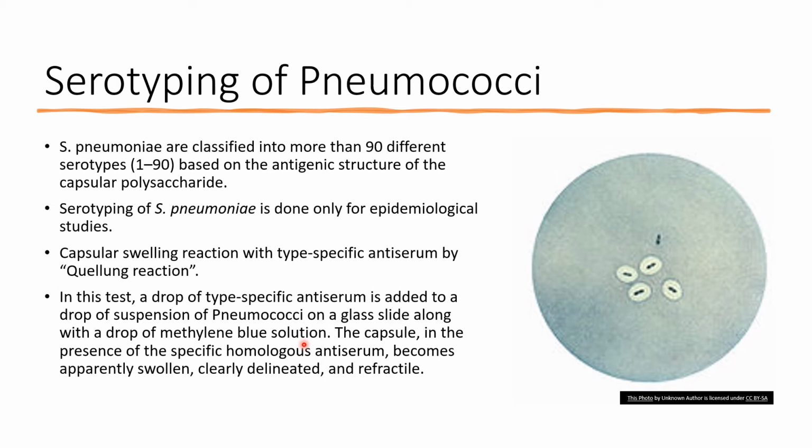Now what will happen is, if the capsular polysaccharide binds with the specific homologous antiserum that we have added, then it will become swollen. If the antiserum is different, it will not form a complex with the antiserum, so it will not get swollen. Only in the presence of the type-specific antiserum will the capsule form a complex with the antiserum, resulting in swelling of the capsule.